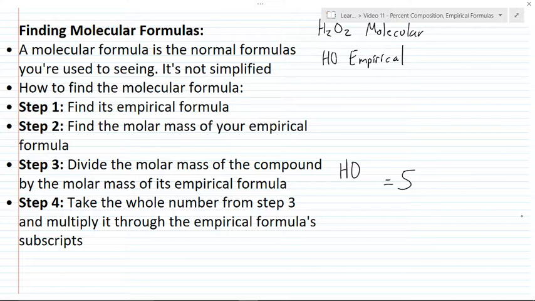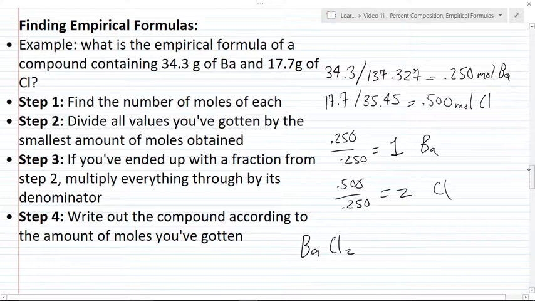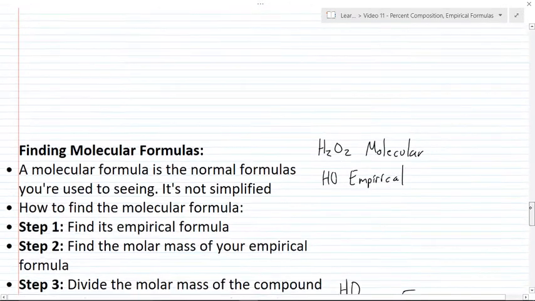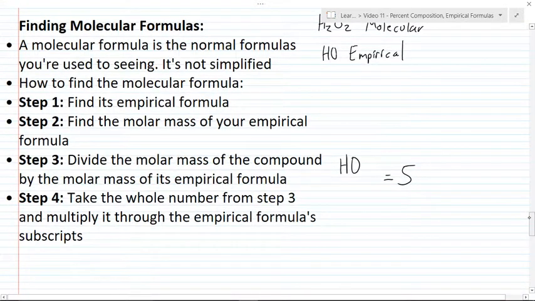Then we divide the molar mass of the compound that's given. So it will say, if I go up here, it'll give me this stuff again, but then it'll also say the molar mass of the compound was X grams.